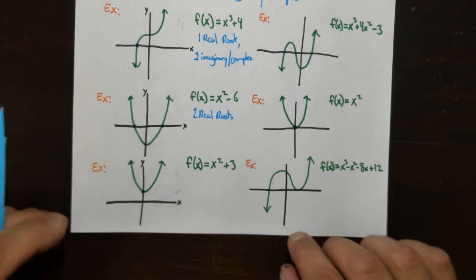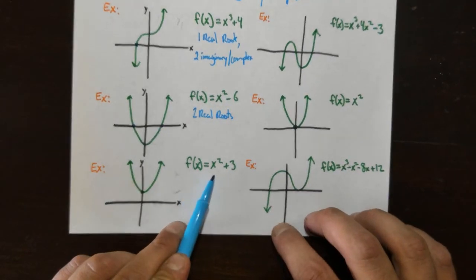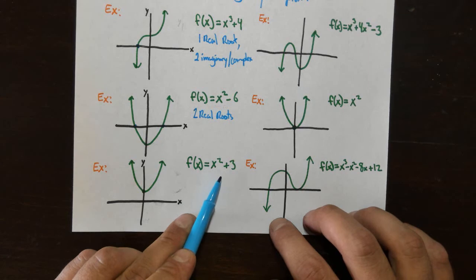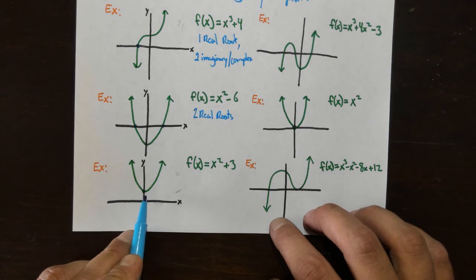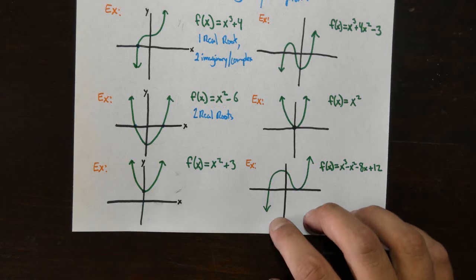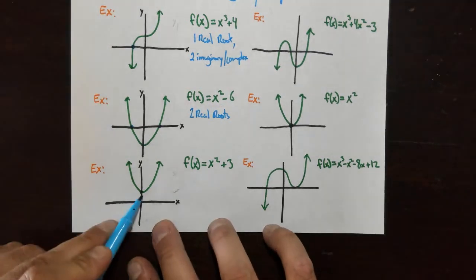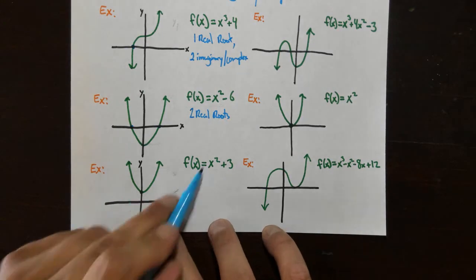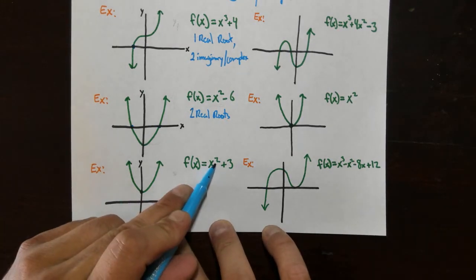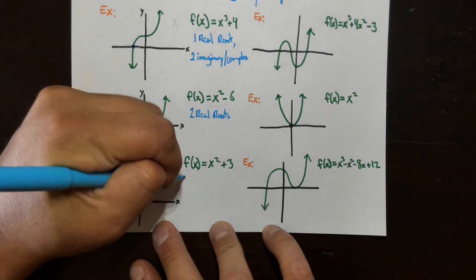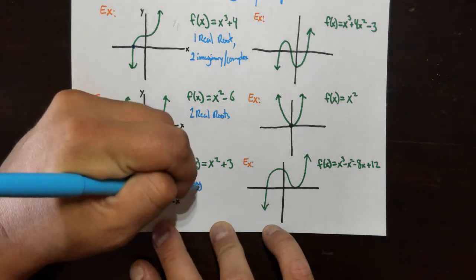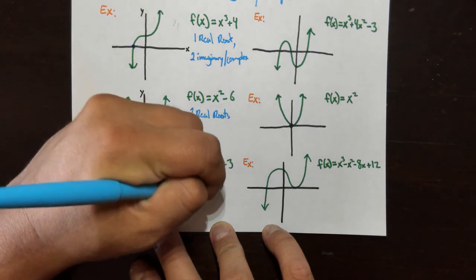Looking at this next one, now we have f of x equals x squared plus 3. And when I graph it, we see that the function doesn't cross the x-axis at all. So that means there are no real roots, but there has to be exactly 2 imaginary/complex roots.